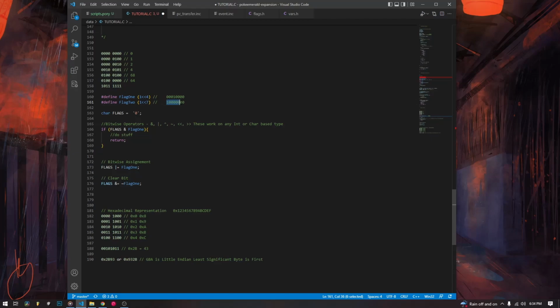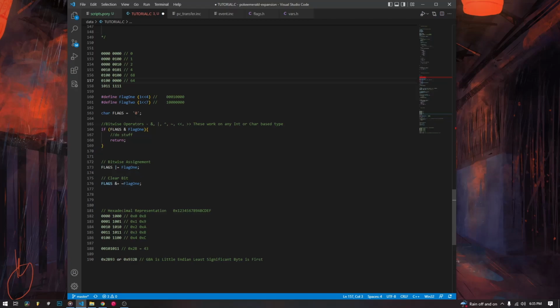So if I have a flag here, and I have a list of flags here, and I want to add this flag here, I can just OR them together, and then no matter what's in this, all it's going to do is add this one if it's not there already. If it's there already, it's not going to do anything. It's just going to stay the same, because it's OR, not exclusive OR. So OR, it doesn't matter if they're both there, because it's not exclusive OR, it's just regular OR.